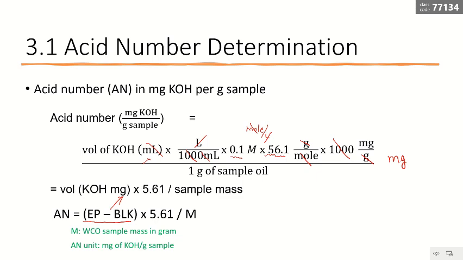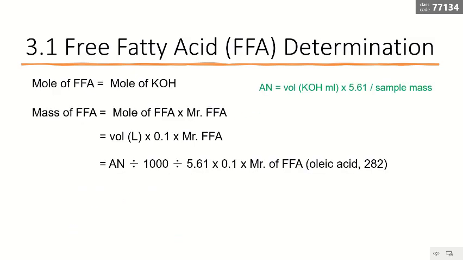So now, if we are good with the calculation of this assay number, we can go to the free fatty acid. And this green line here is adopted from the previous slides for our reference, okay? And we know the mole of the FFA equals the mole of the KOH.